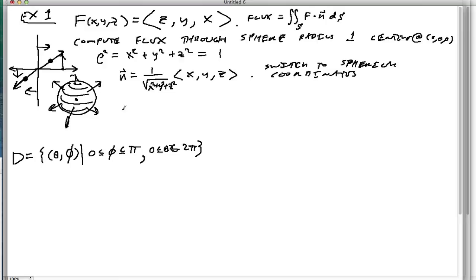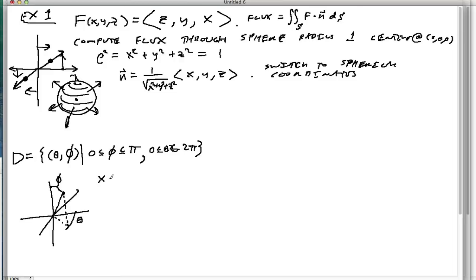Okay, that's pretty straightforward. So recall spherical coordinates. I'll draw them out here. If we have some point on the sphere, right there, that angle there is going to be our phi. That angle is going to be our theta.